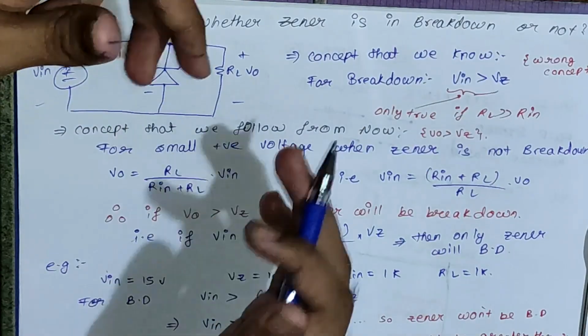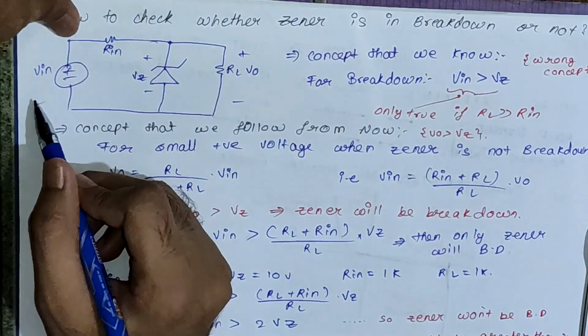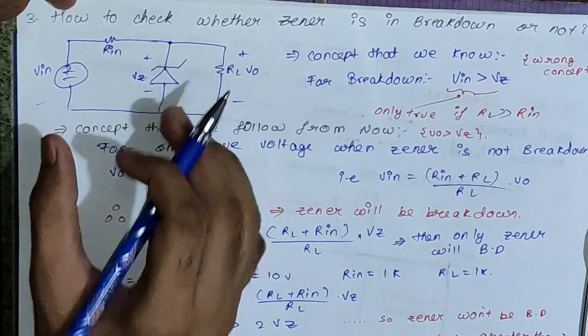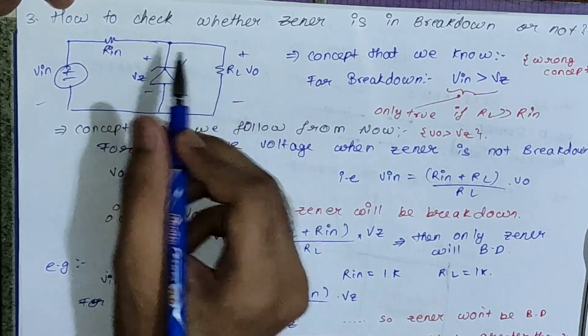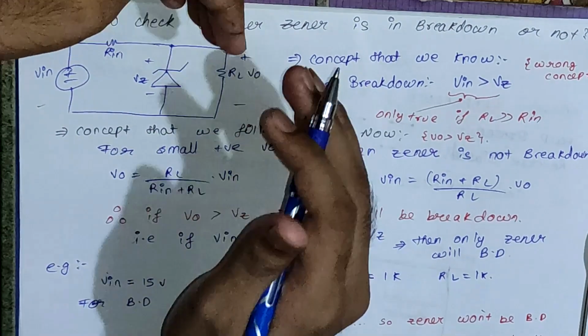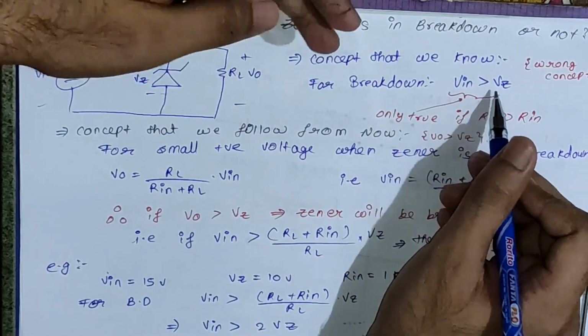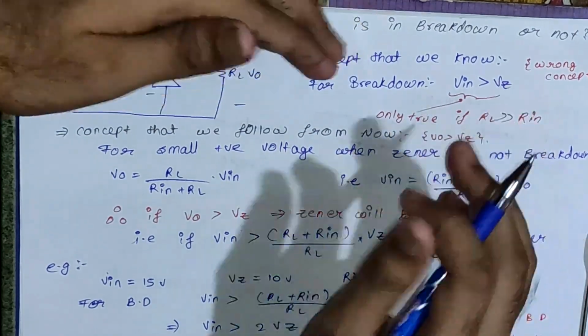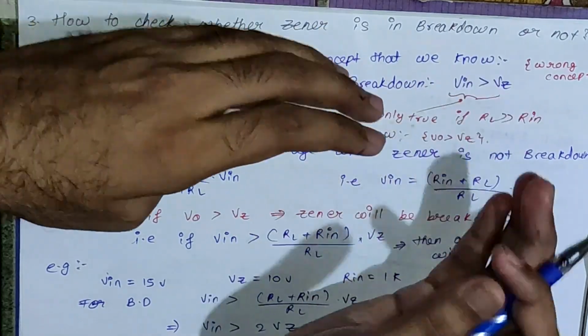Now we are going to see how we can check whether the Zener diode is in breakdown or not. You can see this circuit is a basic Zener diode based regulator circuit. Here you have your Zener diode, this is a load resistor, this one is an input resistor, and here you have given your input. The concept that we know is that for breakdown, Vin must be greater than Vz. But let me tell you, this is a wrong concept, or you can say it is a partially right concept.